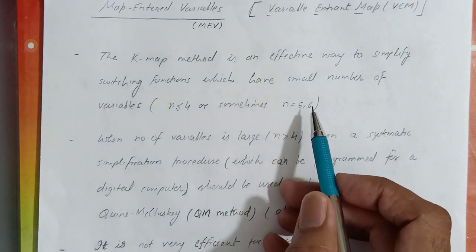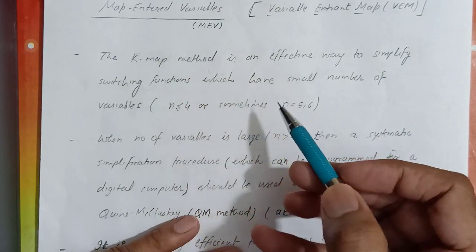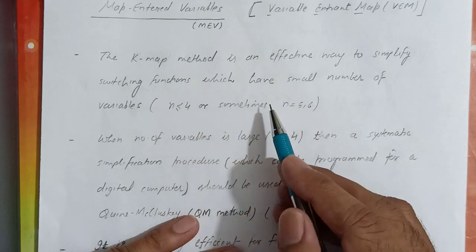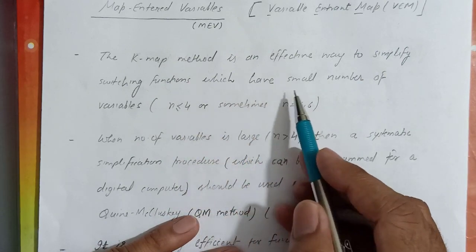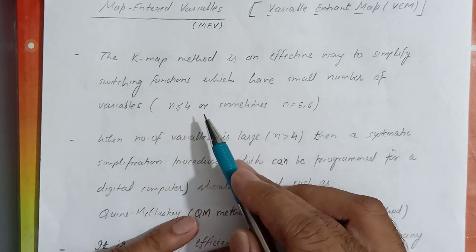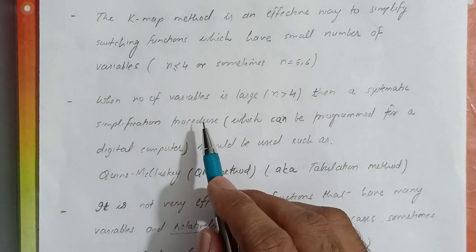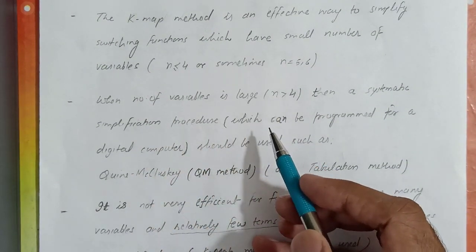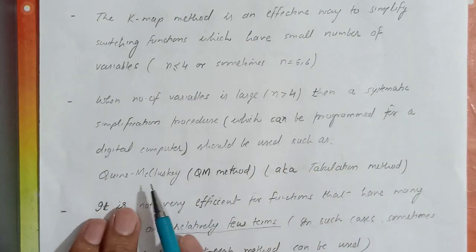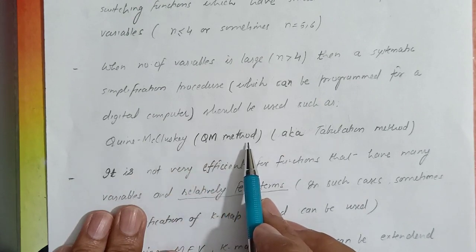Okay. So generally we can say that the K-map method is an effective way of simplifying switching functions which have a small number of variables, that is, the number of variables is less than or equal to 4. Okay, so when the number of variables is more than 4, there is a systematic procedure known as the Quine-McCluskey or QM method.